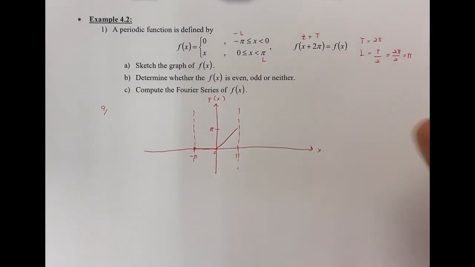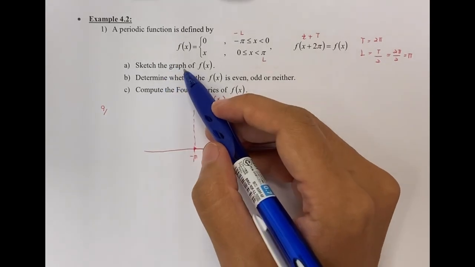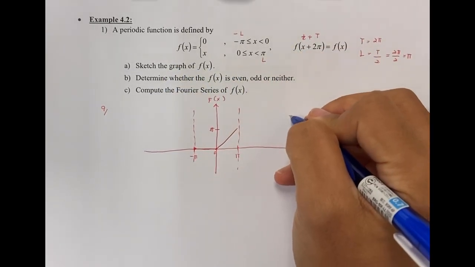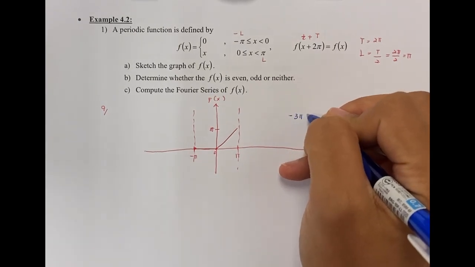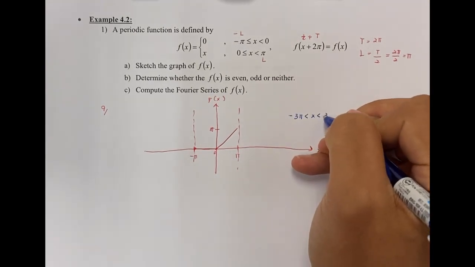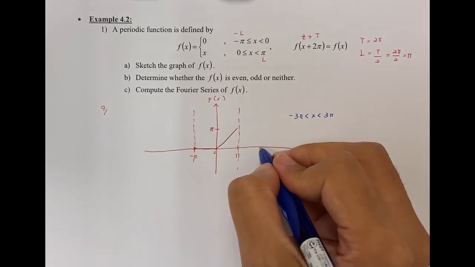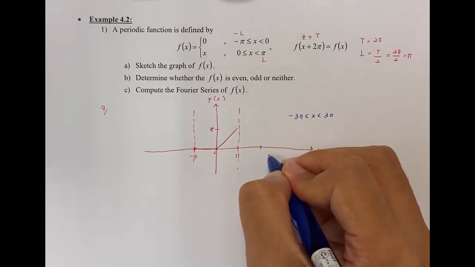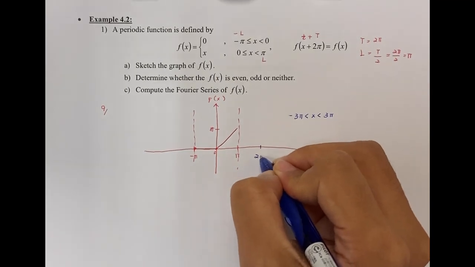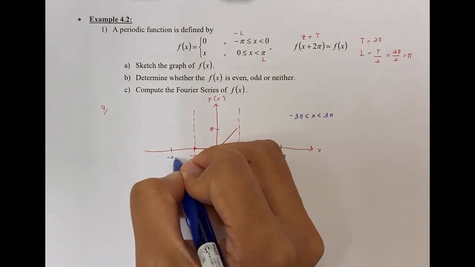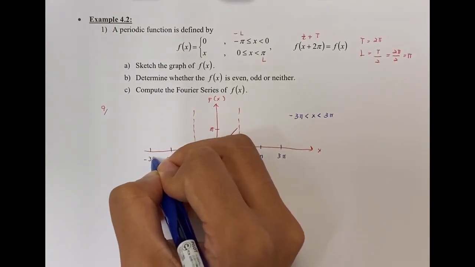What if I change the question? Sketch the graph of f(x) in the interval negative 3 pi to 3 pi. For this question, you need to extend your x and y axes. So this is 2 pi and this is 3 pi, and you also need negative 2 pi and negative 3 pi.